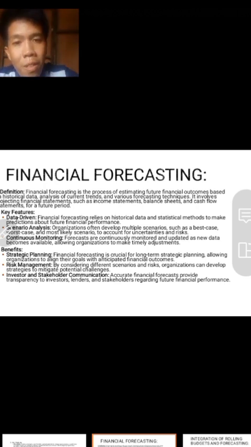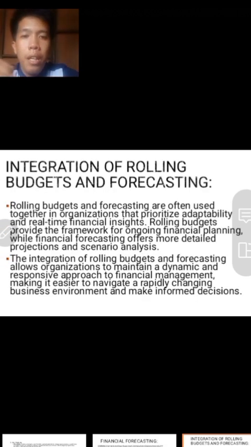Next, integration of rolling budget and forecasting. Rolling budget and forecasting are often used together in organizations that prioritize adaptability and real-time financial insights. Rolling budget provides the framework for ongoing financial planning, while financial forecasting offers more detailed projections and scenario analysis.